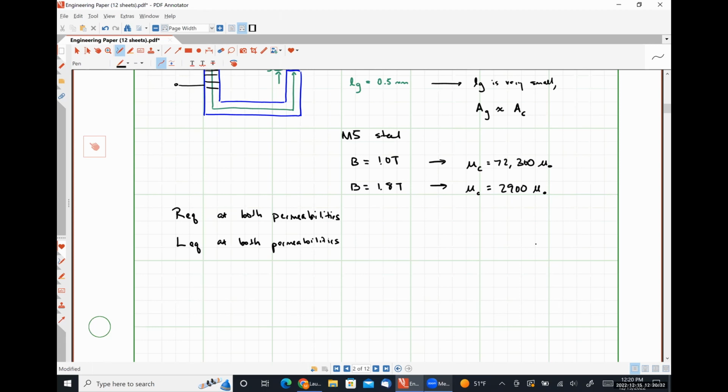So for our core permeability of 72,300 mu naught, we are going to have our core reluctance, which is going to be simply LC divided by mu C AC, right? So LC was 30 centimeters.